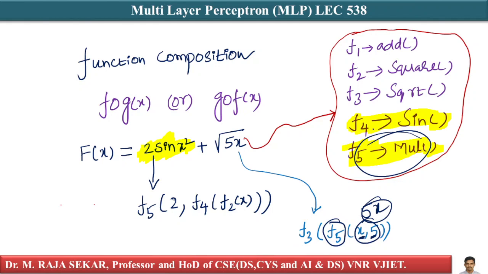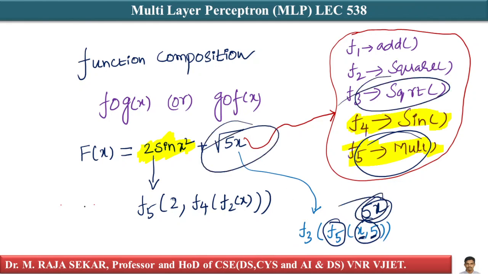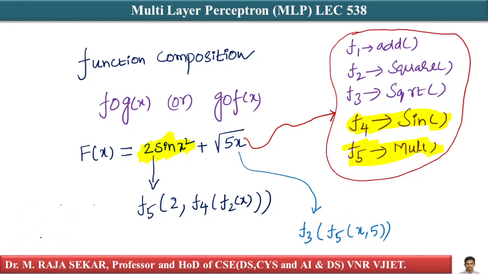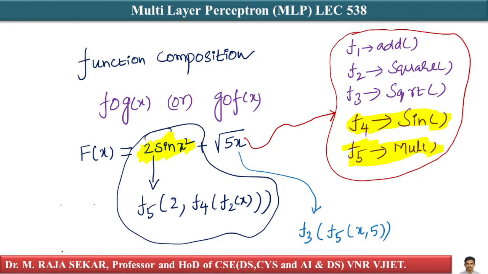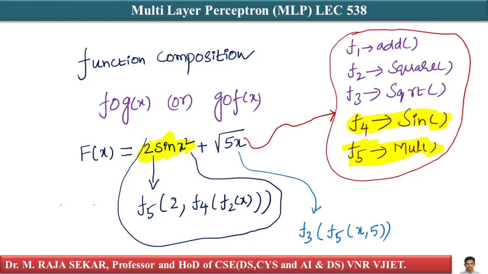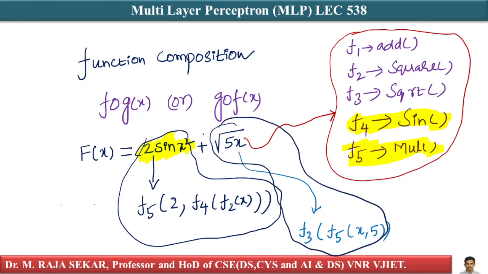We need the square root. f3 is square root, so root 5x can be represented as f3 of f5 of x comma 5. Now I have got a representation for this particular term, and for this particular term too.